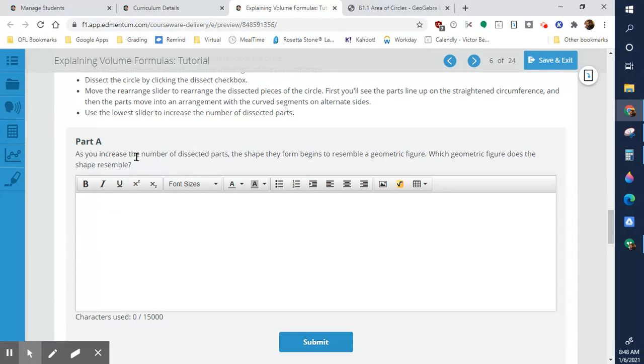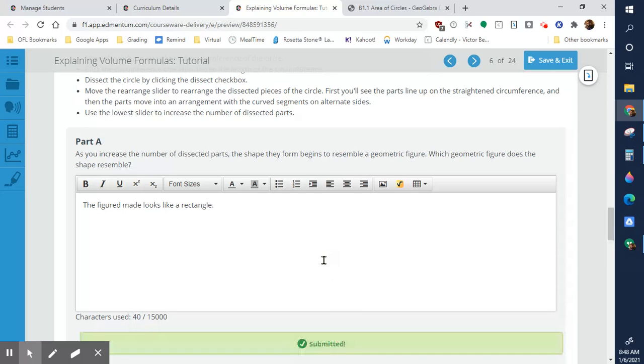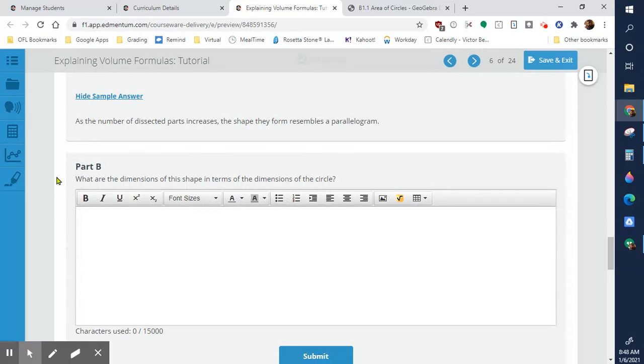So increase the number of dissected parts, which we did, which geometric figure does this resemble? The figure made looks like a rectangle. So what are the dimensions of the rectangle? It's funny how they are like, what shape does it make?